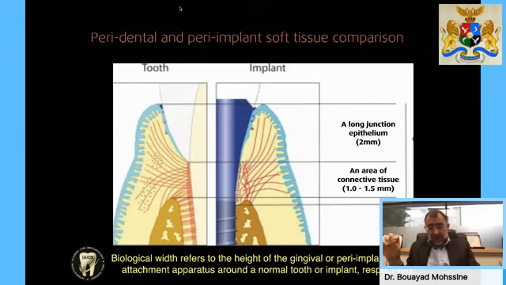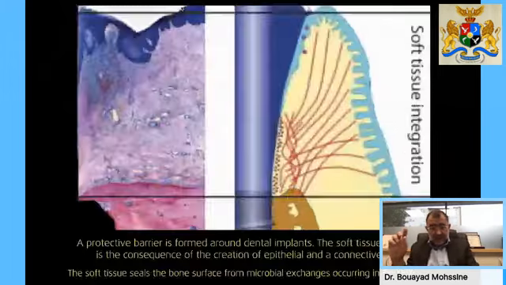The biological width refers to the height of the gingiva or peri-implant mucosal attachment apparatus around a normal tooth or implant, respectively. They also include an area of connective tissue of 1 to 1.5 millimeters of height.